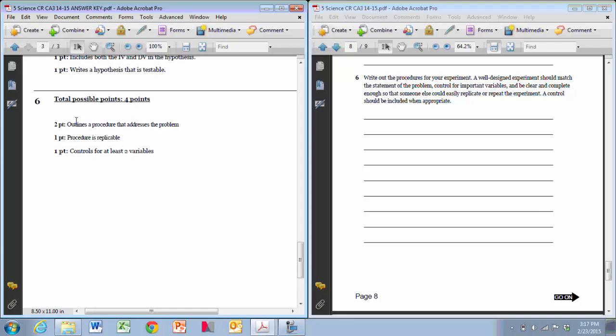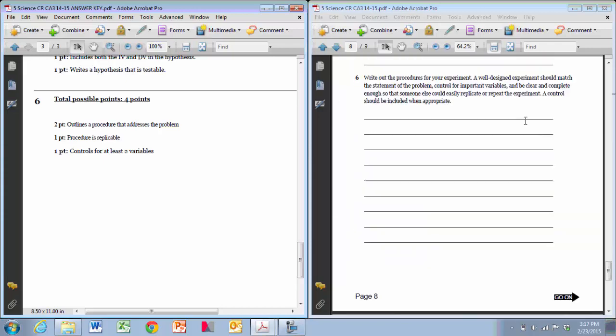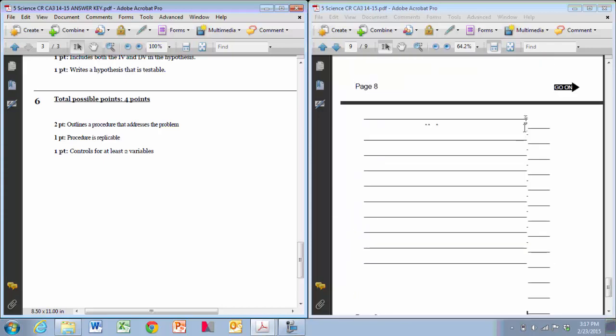You also want to make sure that it's replicable, so not something that only they understand or that only they can do because it's too specific to an area or a certain item. And then you also want to make sure that they are controlling for important variables. Be sure for this question to check the exemplar because there's an example written out.